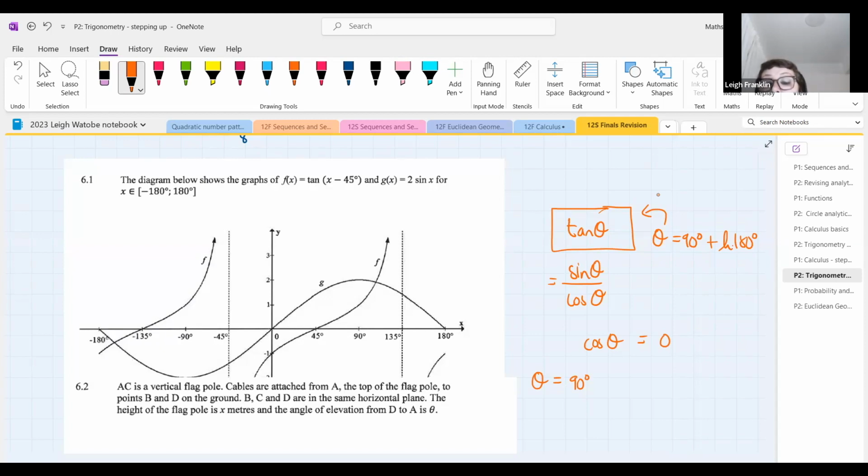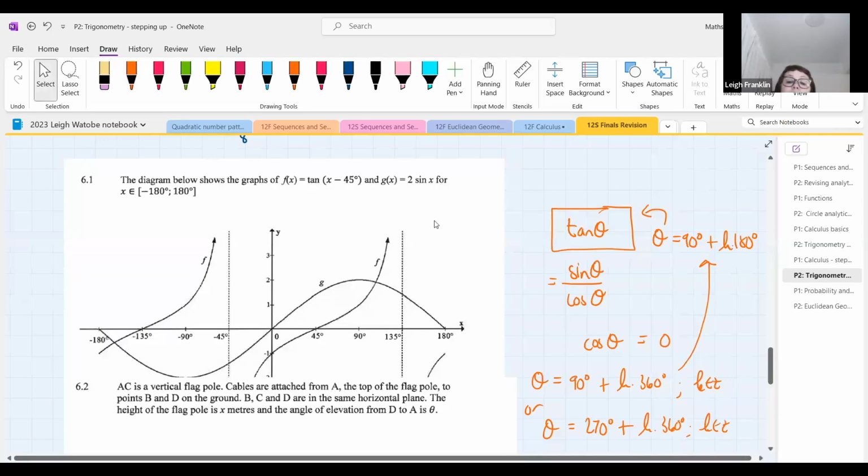So 90 plus k times 360. Or the other place is going to be the fourth quadrant, sorry. So it would be 360 minus 90, so that would be 270 plus k times 360. So you can see how it ties back into that. Okay, but that's what they are essentially referring to. Okay, Voloshin.